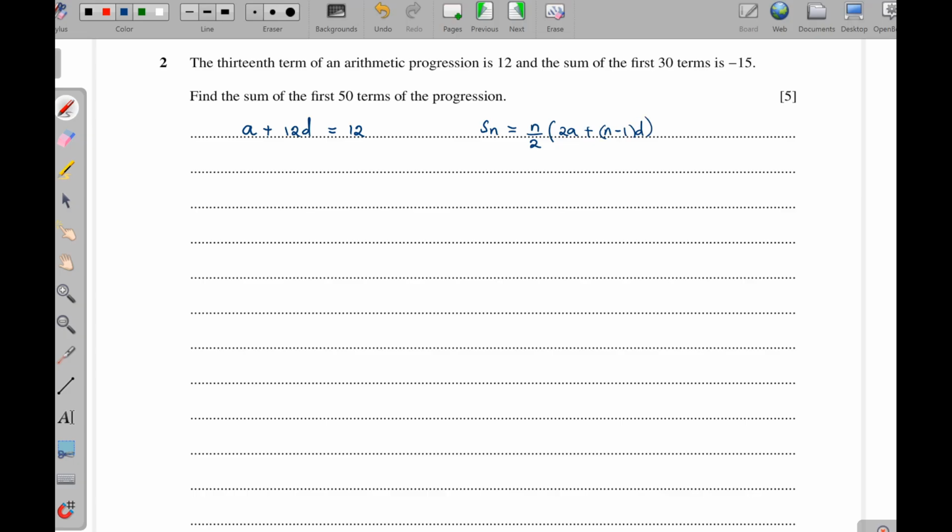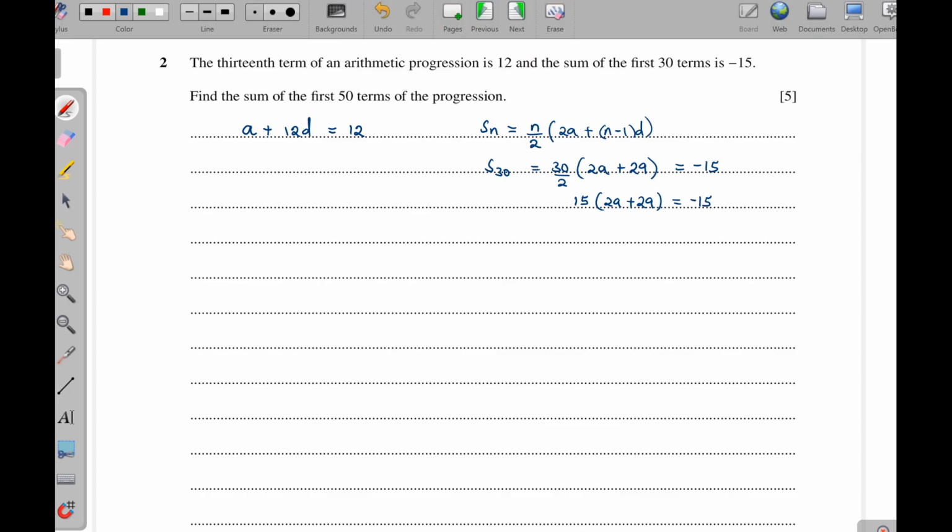Okay, so if we have the sum of the first 30 terms, that means n is 30, so we shall have 30 over 2, then into, we don't know the first term, then 30 minus 1, that will be 29, you see. Then we equate this one to negative 15. So this will be 15 into (2a plus 29d), equal to negative 15.